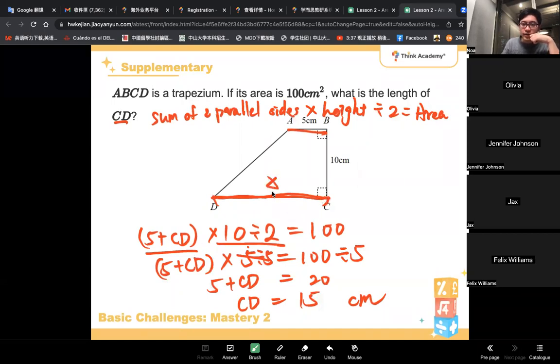You can put a star as well if you want to. Why is it 10 divided by 2? Because according to the formula, what's the height? Tell me, Olivia, what's the height? 10. Yes. And do we have it divided by 2 here?